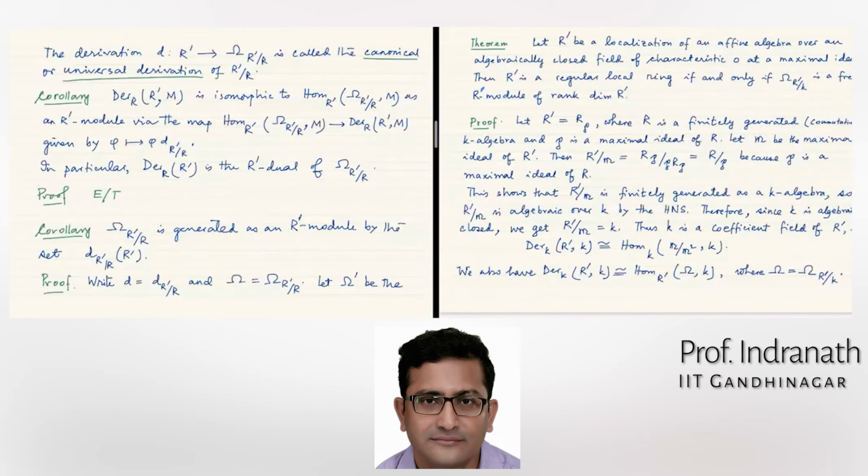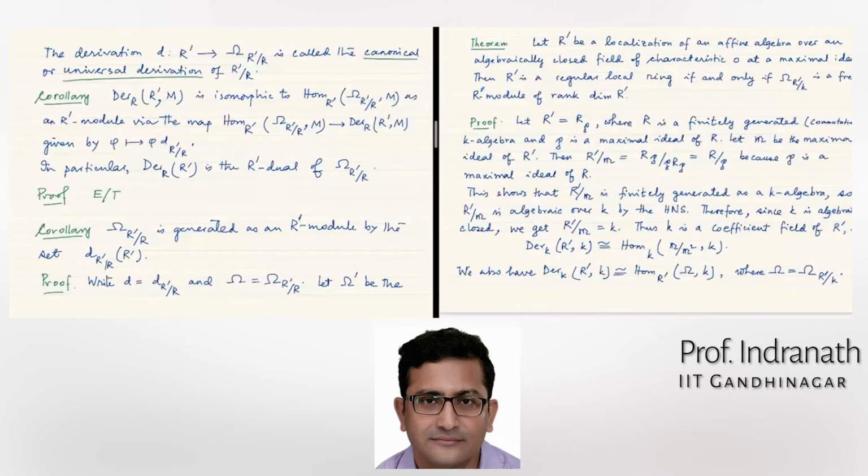So is a free R dash module of rank dimension R dash. So this is what we are trying to show, that the module of Kähler differentials is free of rank dimension R dash, provided R dash is the localization of an affine algebra over an algebraically closed field of characteristic 0. So this is the differential criteria that I am talking about.